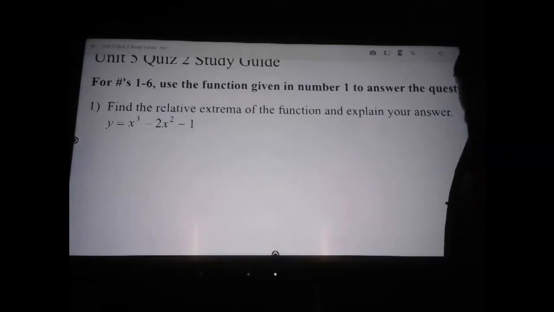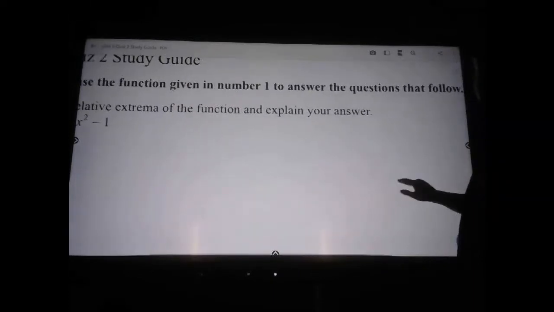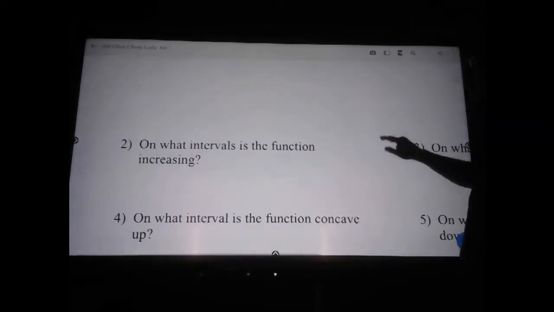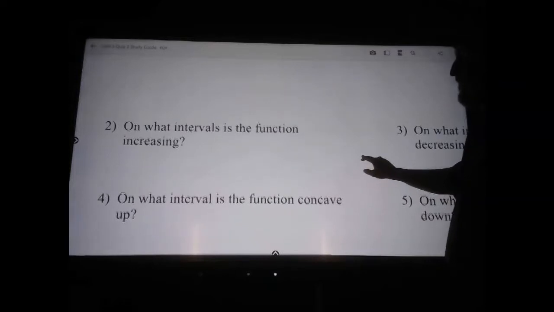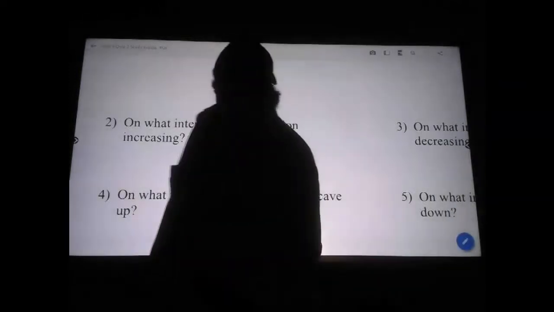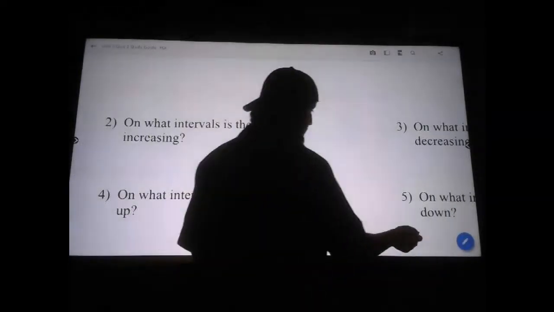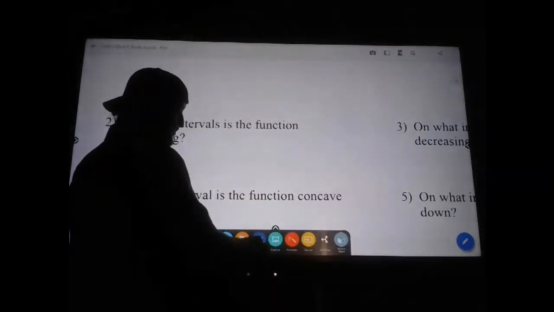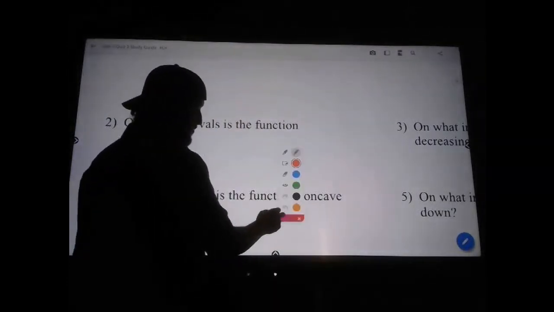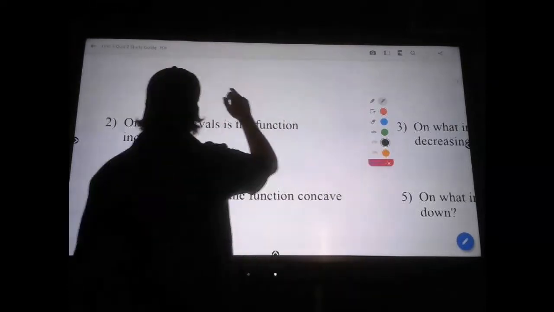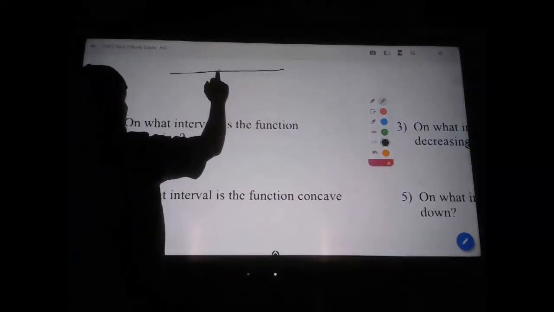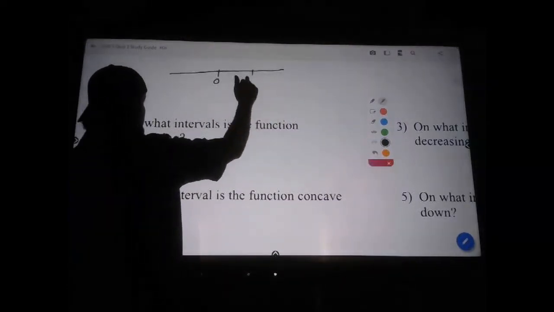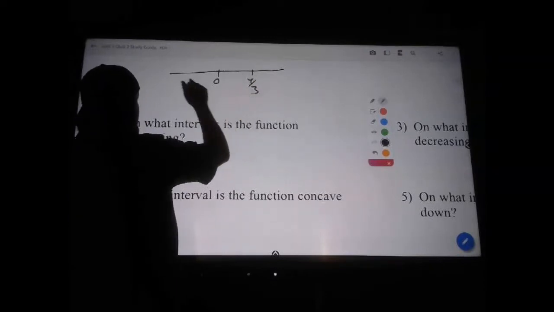So let's go ahead and move along here then. The next question says, on what interval is the function increasing? So to answer that question, really we just need to come back to the number line that we drew earlier. If you don't recall, we had a critical value at 0, we had a critical value at 4/3.